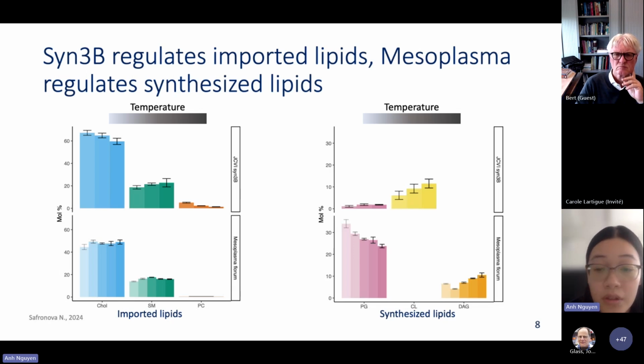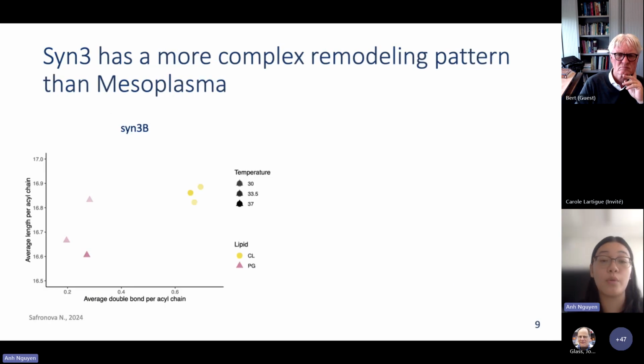And if you take an even closer look at how the composition of these lipids looks for the two organisms, first I will show you syn3. In this plot, the X and Y axes are the average double bond number and average length per acyl chain of the two different lipid classes. And again, the opacity denotes the growth temperature.